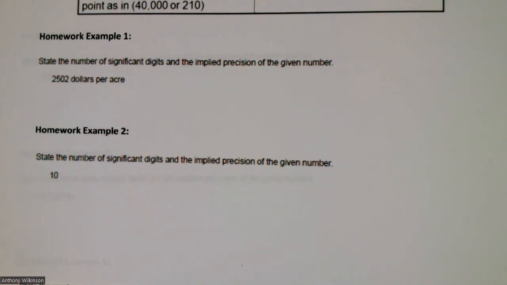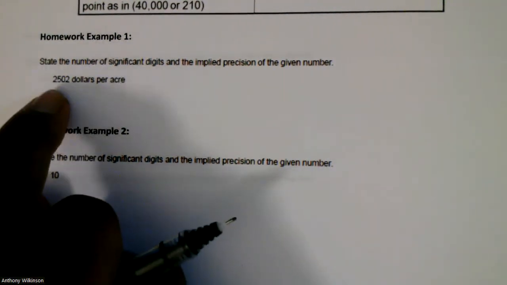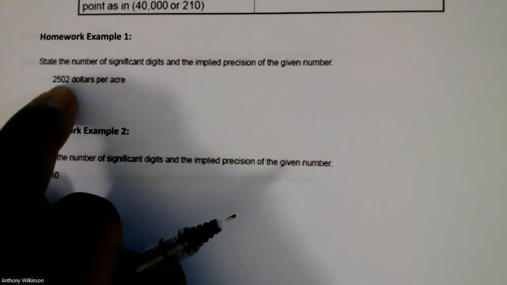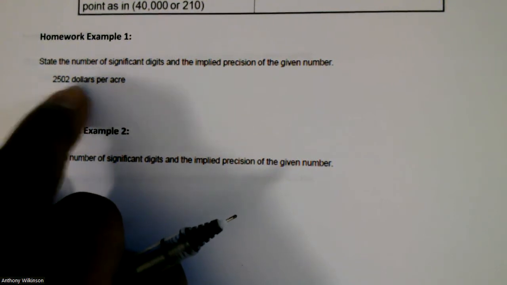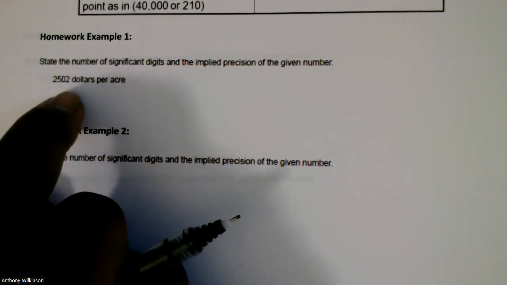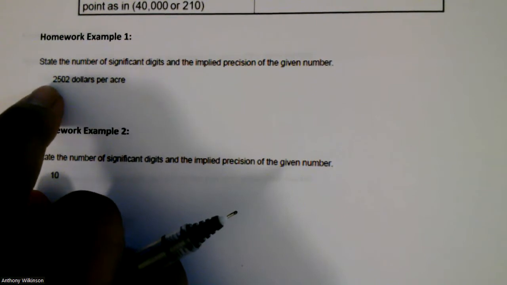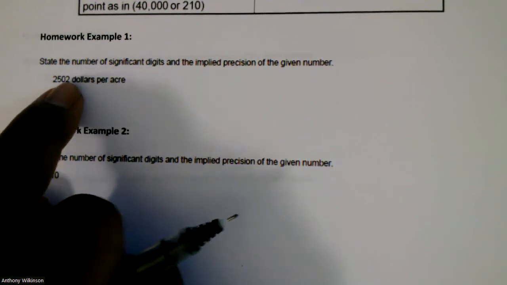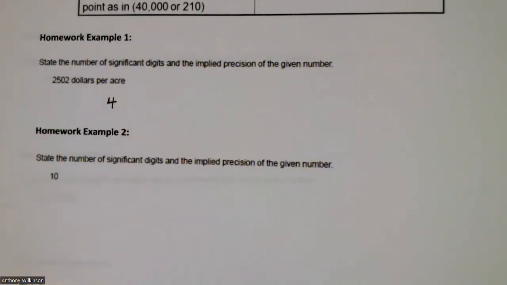Here I've got a zero in between two non-zero digits. That is considered to be significant, along with the other non-zero digits. So the 2, the 5, the 0, and the 2 are significant. That means I have 4 significant digits in that number.